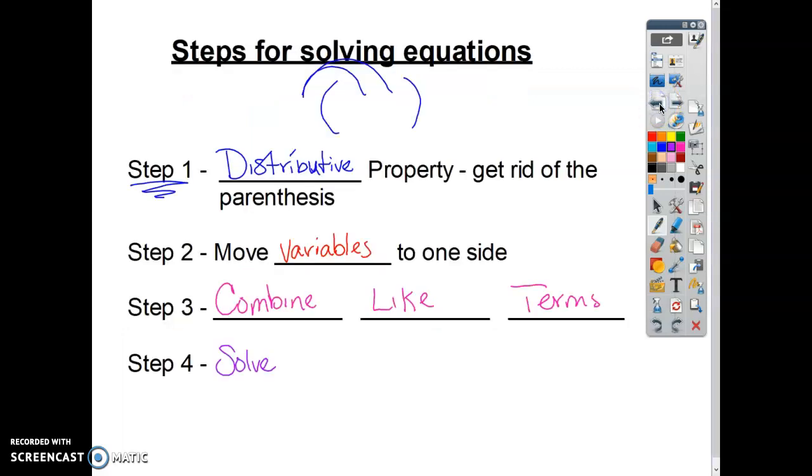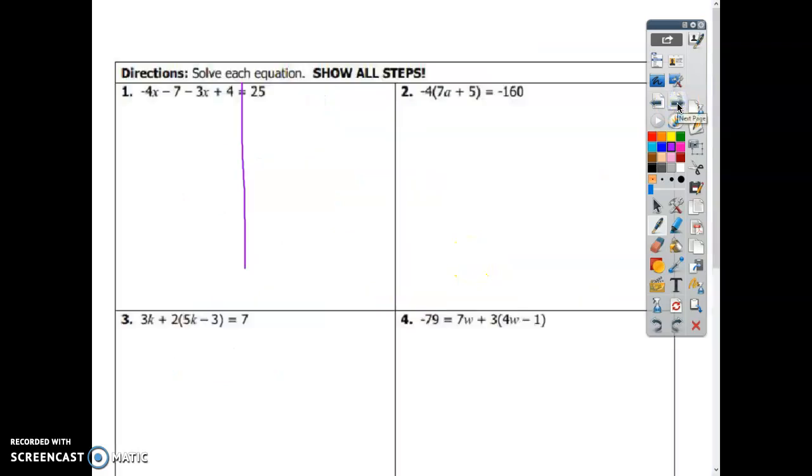Step 2. Move the variable to one side. That means I'm going to move the variables to one side. This minus 4x and this minus 3x need to stay together on one side. And then the other stuff, this one and this one, need to move over here with this one.